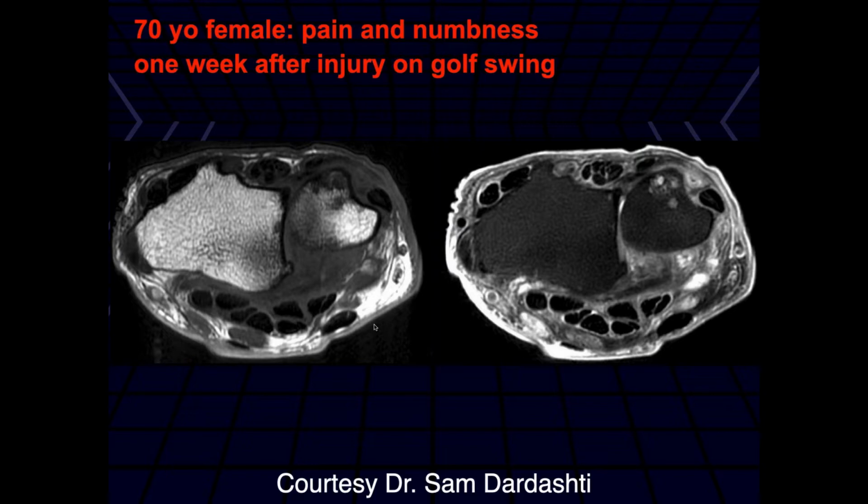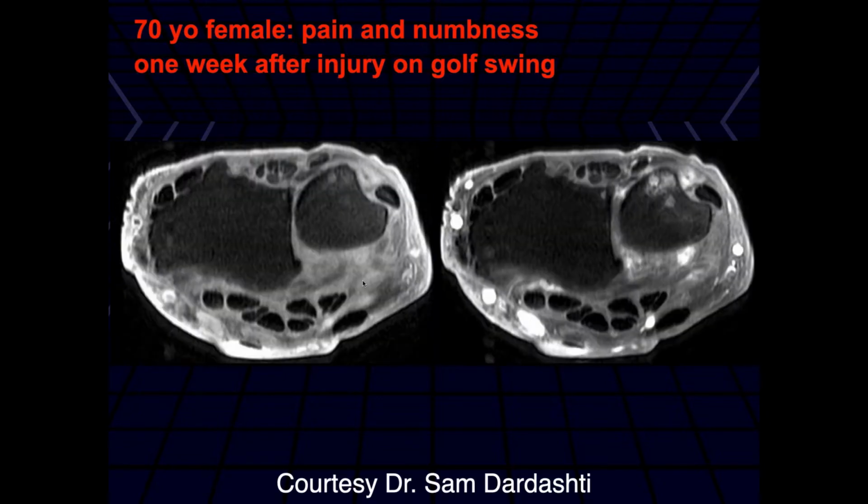Seeing edema around the ECU with some subluxation of the tendon. There's also some volar displacement of the radius compared to the ulna. Maybe, but this might be within normal limits because there's some variability there.